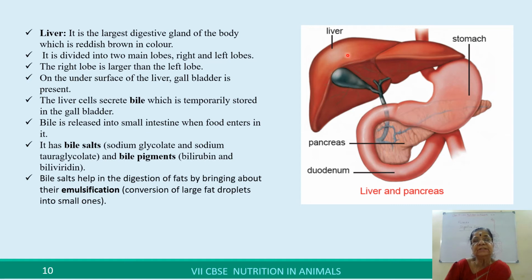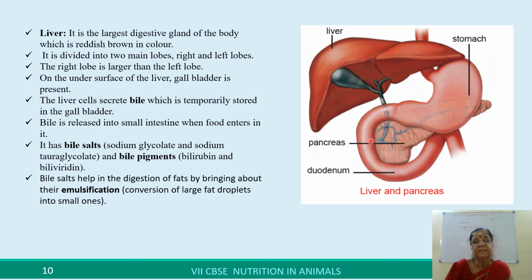The right lobe is larger than the left lobe. On the undersurface, the bottom portion of the liver, the gallbladder is present. Gallbladder is a structure which stores bile temporarily. So the liver secretes bile, it is stored in the gallbladder temporarily, and then it reaches the duodenum for further digestion.